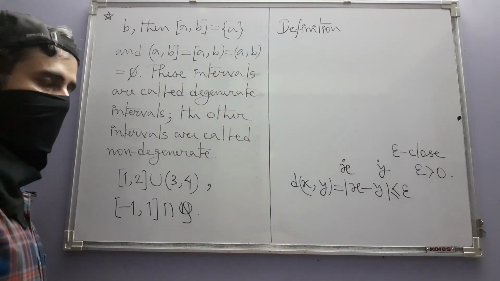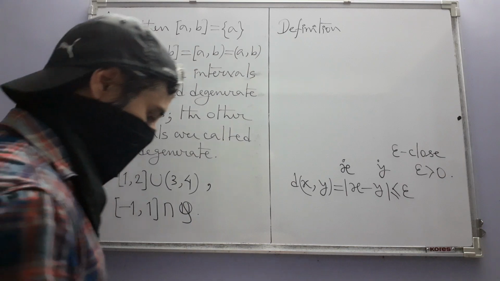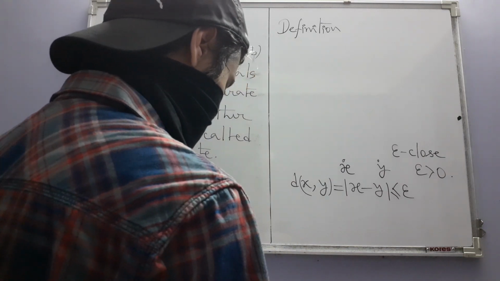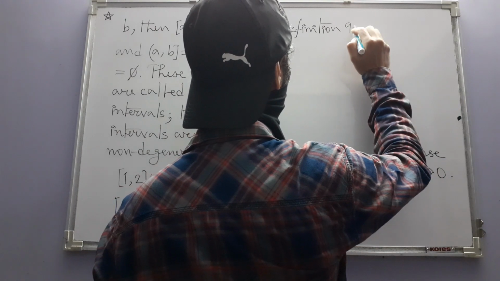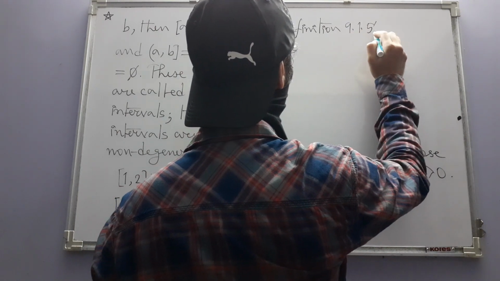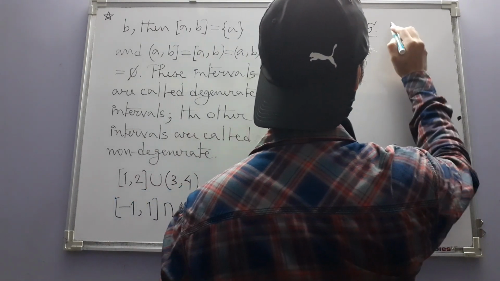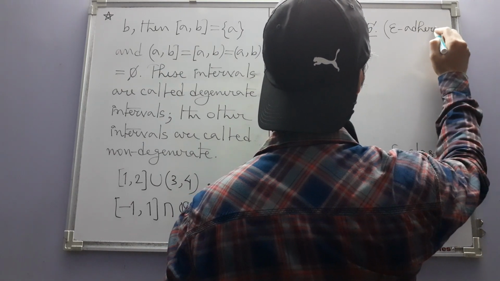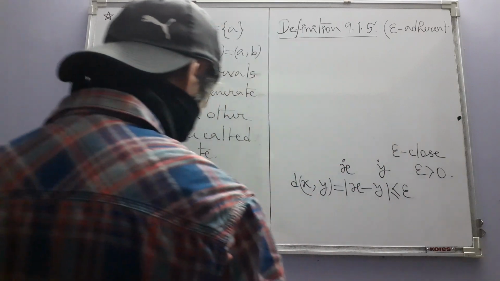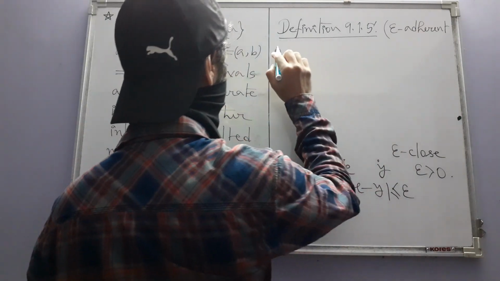Now, using this notion, we are going to see the next definition, which is epsilon adherent points. Epsilon adherent points.